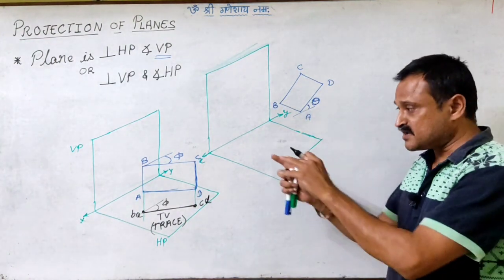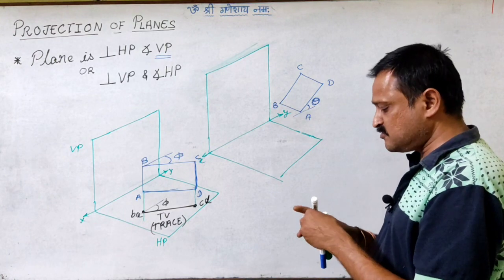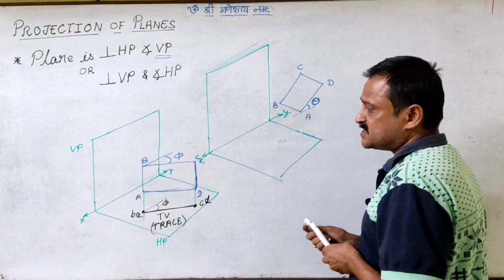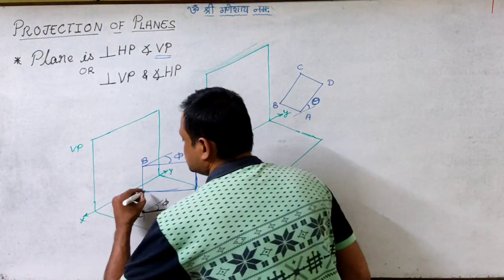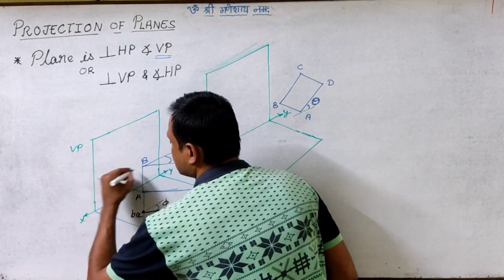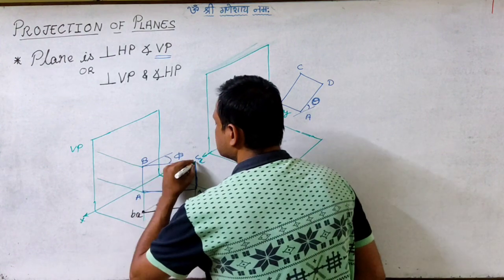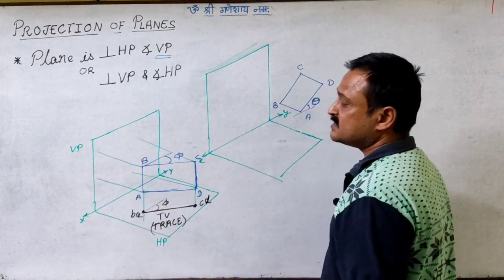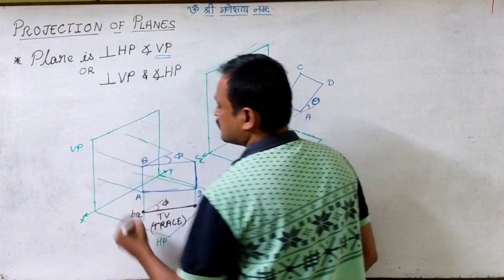Let us talk about the front view. So now for front view, again we will pass the projectors through all the corners. So this is projector for A, this is projector for B, this is projector for C, and this is projector for D, let us say, right?